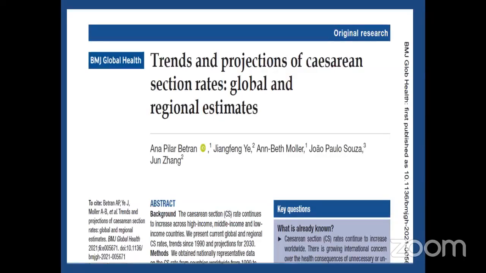So what will be the trend in the future, and some global and regional estimates of these trends and projections? Let us see what this paper projects. For your information, these projections are made by statistical calculation and extrapolation of data, and quite a lot of mathematical models are used to predict what is going to be the trend.